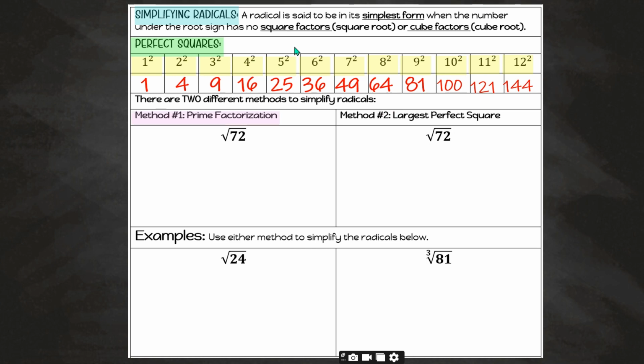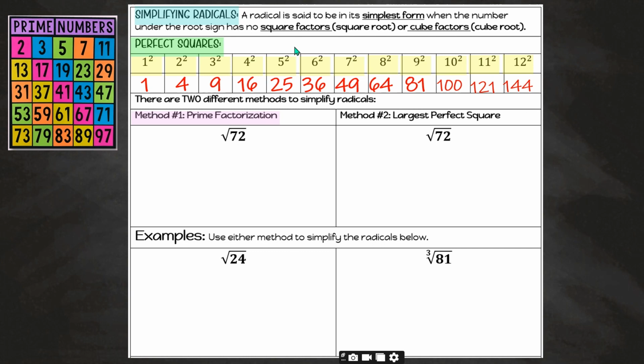We can use method 1, which is prime factorization, which means that we are going to take that number 72 underneath the radical and break it down to its prime numbers. If you don't remember what your prime numbers are, here is a chart of your prime numbers. If I asked you for 2 numbers that multiply together to give you 72, I believe most of you are going to tell me 8 and 9.